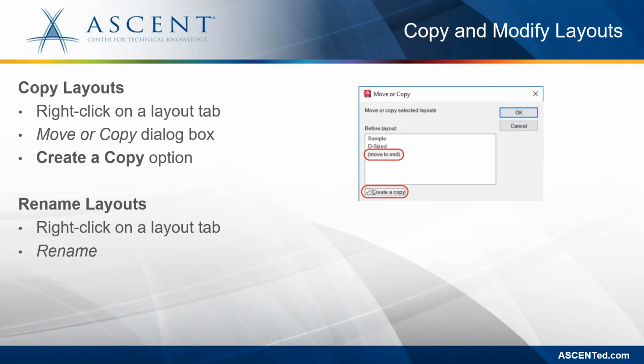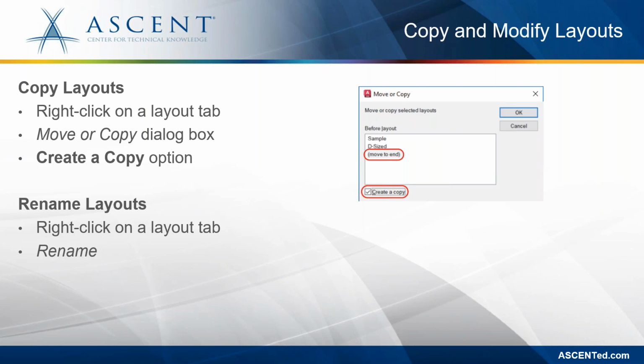If we do not select that Create a Copy option, it will simply move the layout. So it's important, if you're copying, you have to click on that Create a Copy option. We can also select Move to End, which puts the copy at the end of the layouts.